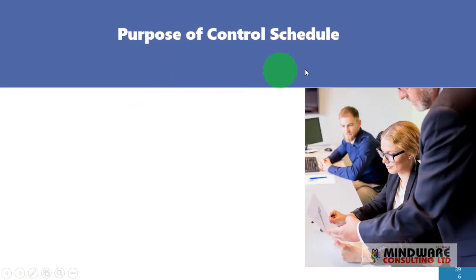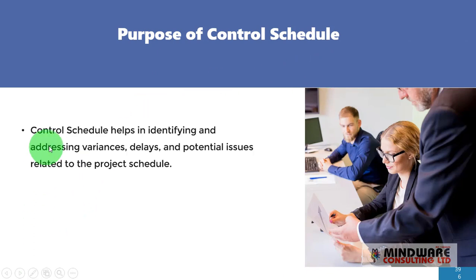So what is the purpose of control schedule? Control schedule helps us in identifying and addressing variances, delays, and potential issues related to the project schedule. This is something you want to have right at your fingertips as a project manager, because whether you know it or not, there will definitely be variances between the ideal and the actual.